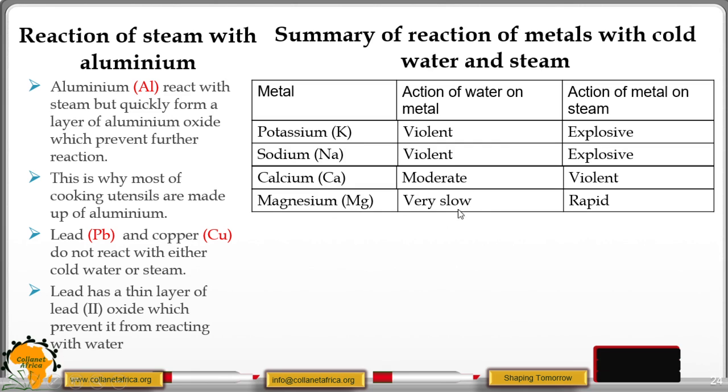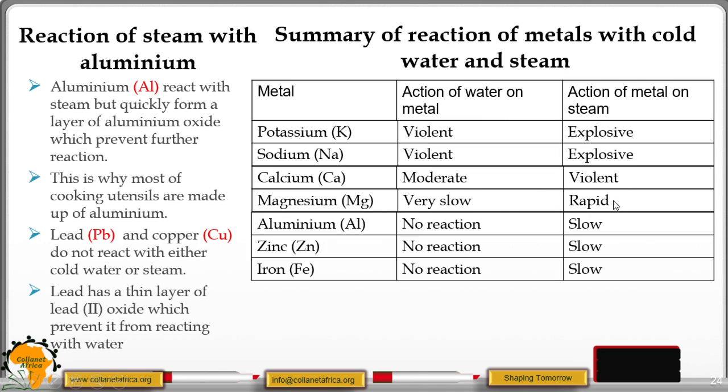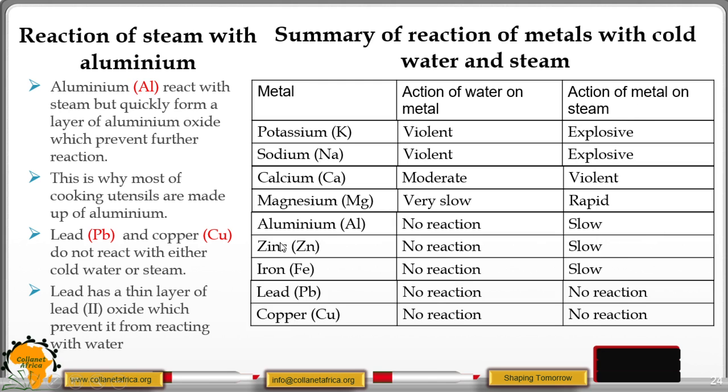Magnesium reacts very slowly with cold water and rapidly with steam. Aluminium, zinc, and iron don't react with cold water, but they react slowly with steam. Lead: no reaction with steam.